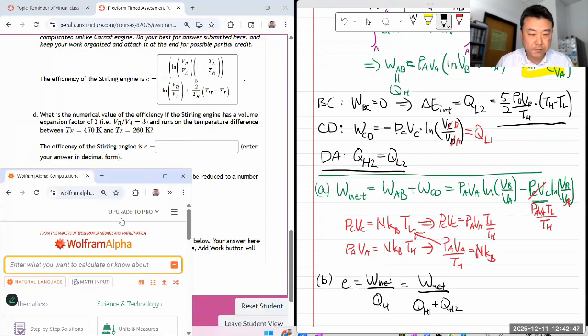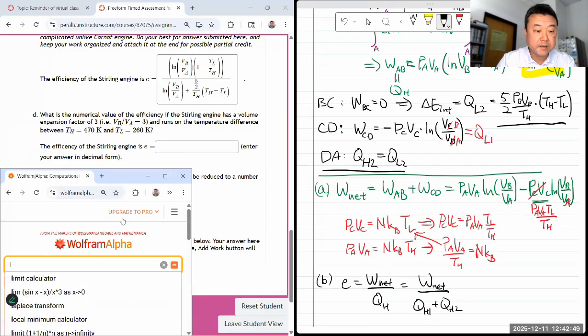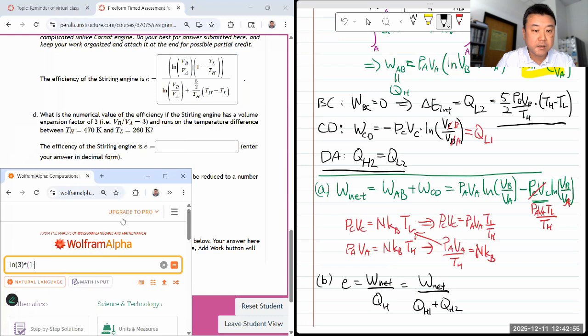So let me get Wolfram Alpha. I need the natural log of VB over VA, which is 3, times 1 minus TL, which is 260, divided by 470, divided by natural log of 3 plus 5 halves times TH 470 minus 260 TL divided by TH 470.